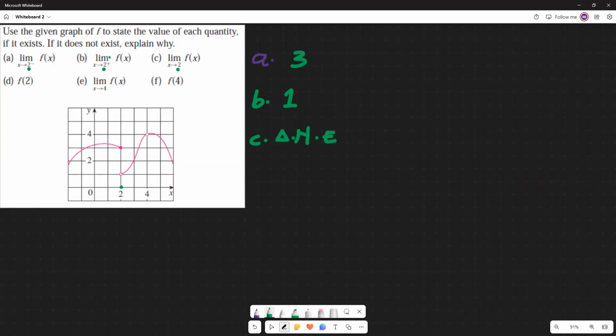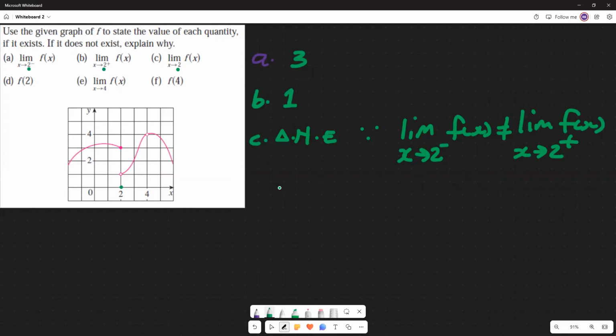So the limit overall will not exist. Your reason is because the limit as x approaches 2 from the left of f of x is not the same as the limit of f of x as x approaches 2 from the right. If they say give a reason for your answer, you give that. That is the reason why a limit does not exist.